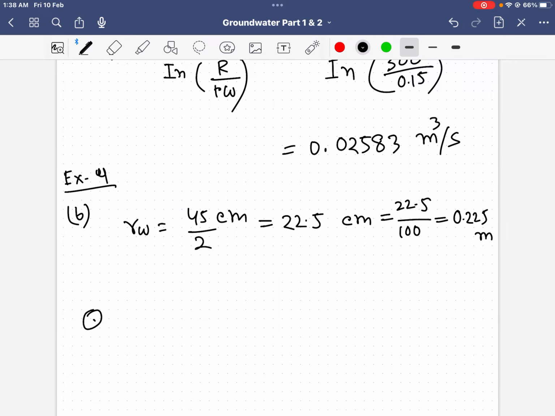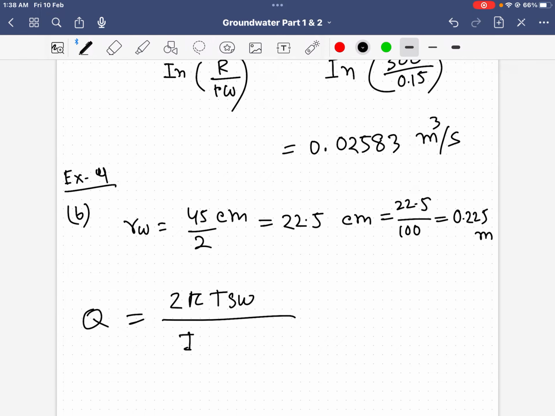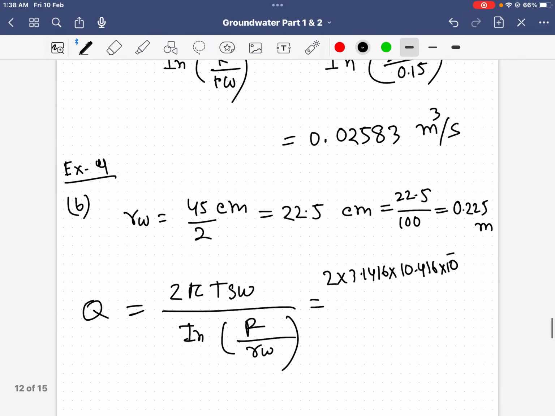So Q equals, I have the formula, 2 pi T Sw divided by ln R over Rw. I get 2 times 3.1416 times 10.416 times 10 power negative 3 times Sw equals 3, divided by ln of the radius of influence, which will be the same, 300, over the changed diameter value, 0.225.